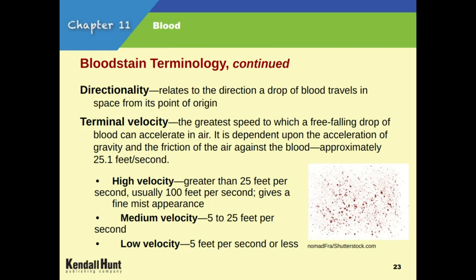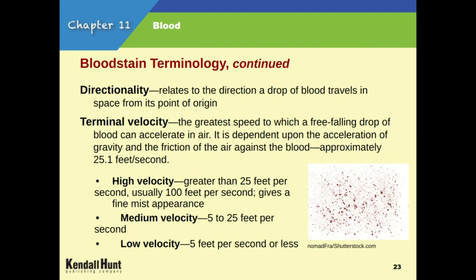We usually break the velocity of blood into three categories. High velocity, greater than that 25 feet per second. And that could come from cast off. It could come from a gunshot. Usually at 100 feet per second or more, it gives a fine mist appearance instead of more solid droplets.